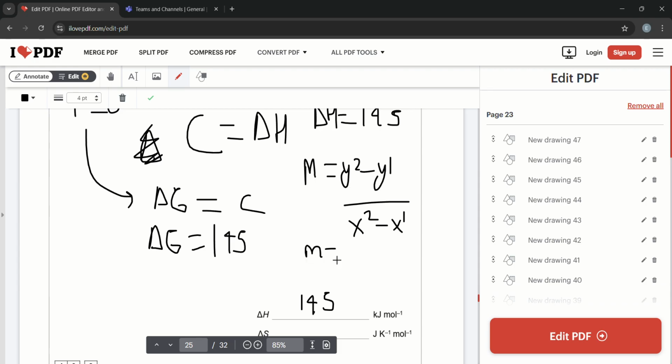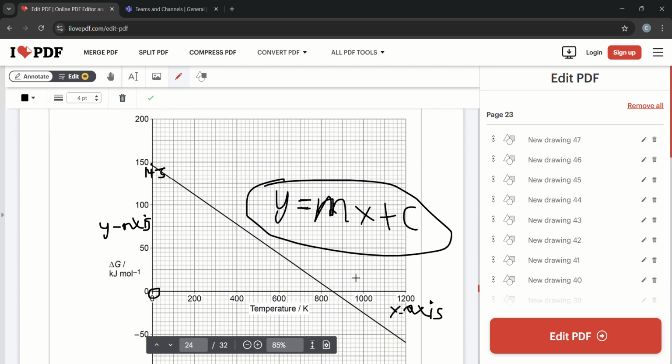So the gradient is equal to, let's just use these 2 points here, and here. Makes more sense. So which one's y2, y1? This one is y2. This one is y1. Therefore this one is x2, and this one x1, y1. So what is y2?